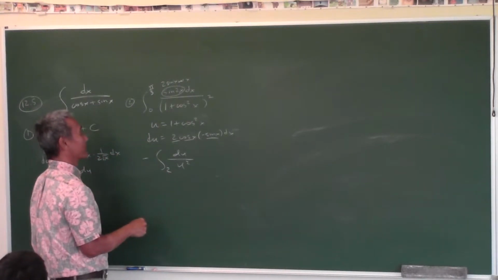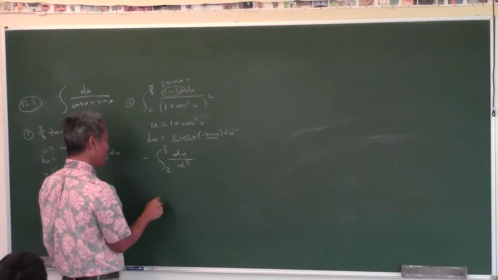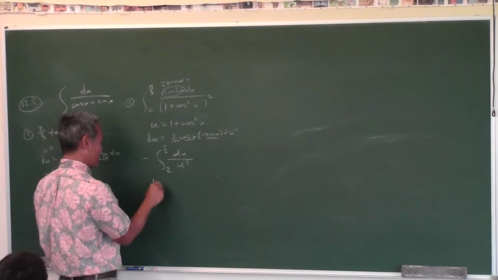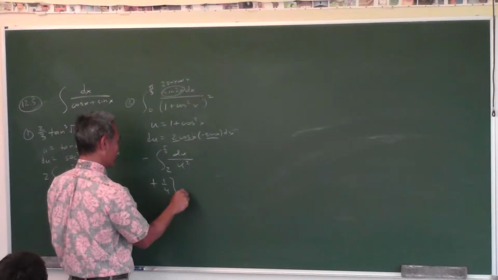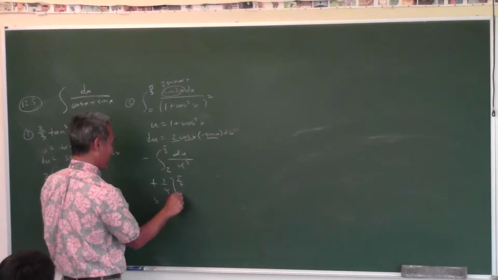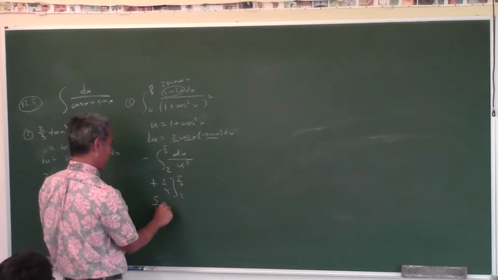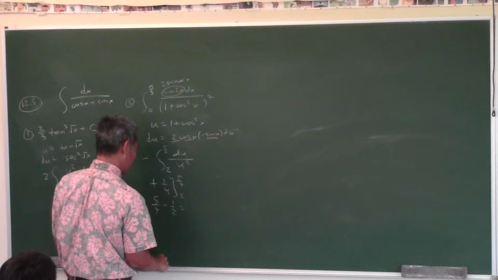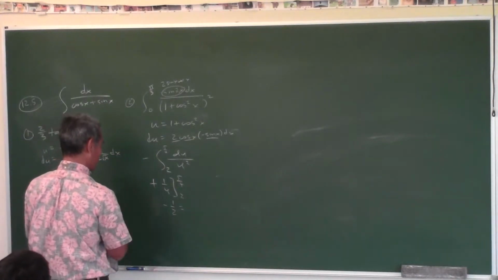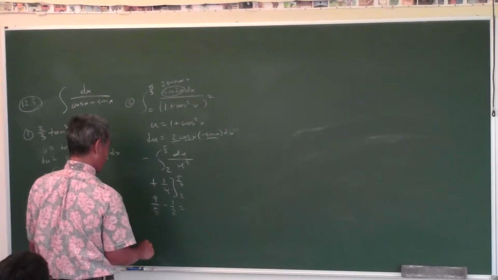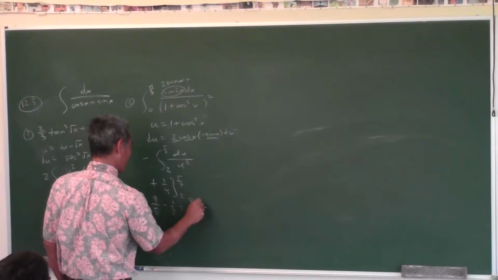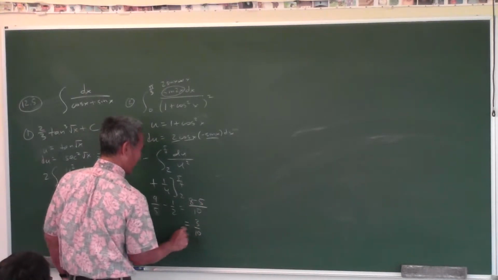If you plug in pi over 3, you get 5/4. So you get negative, and the integral of 1 over u squared is negative 1 over u, so it's positive 1 over u from 2 to 5/4. That gives 4/5 minus 1/2. Making a least common denominator of 10, you get 8 minus 5, so the answer is 3/10.